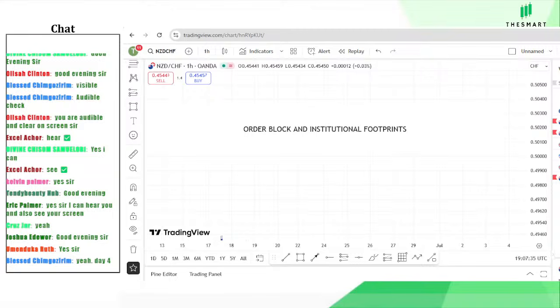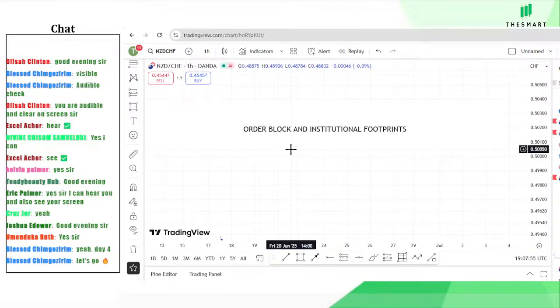Then, if time permits, we'll look at refining order blocks across different time frames. Then we'll look at mitigated and unmitigated order blocks and what they mean. So first, let's go into the chart to get what we mean by order blocks.